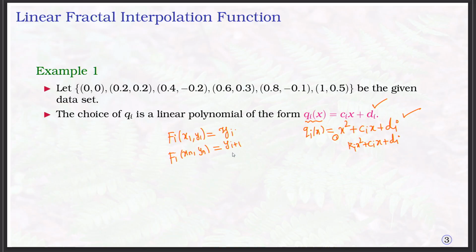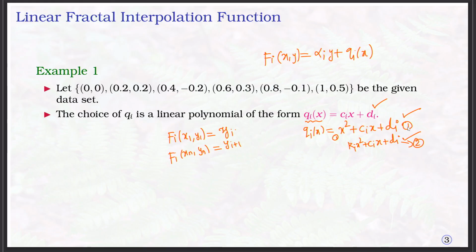Choosing the quadratic polynomial, the second form, the general Fi(x, y) can be written as alpha i times y plus qi(x). If we choose the linear form, we obtain the coefficients a, b, c, d.